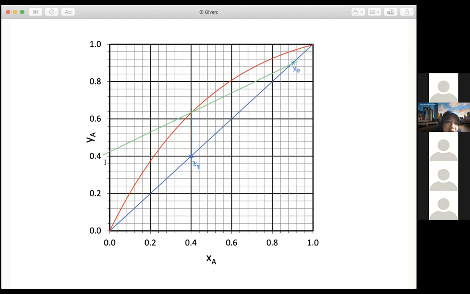0.415, perhaps, because 0.42, 0.45, so about 0.441. I think it is 0.422, because the scale is actually from 0.4 to 0.6, isn't it?